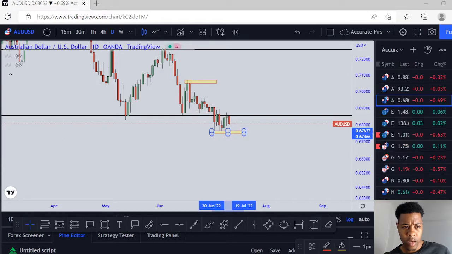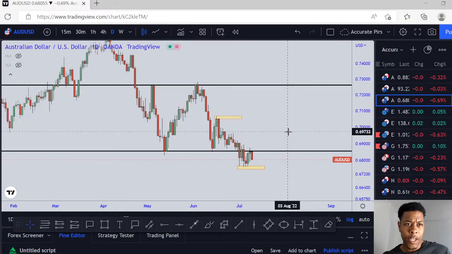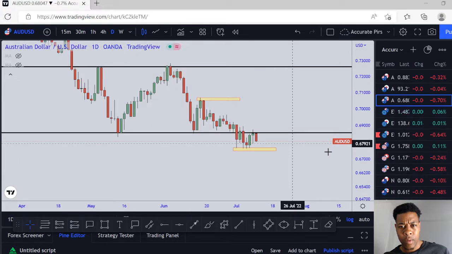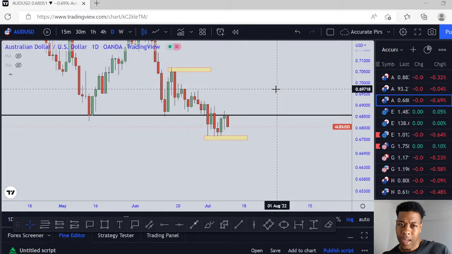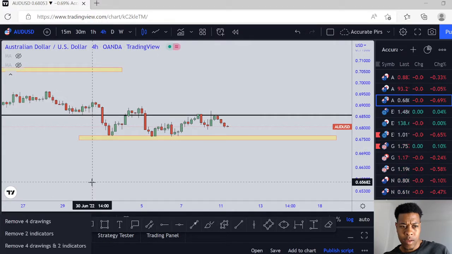Let me actually, I think AUD USD might, it looked like it can push to the upside. You know what, we're going to start fresh with AUD USD. I want to remove everything.